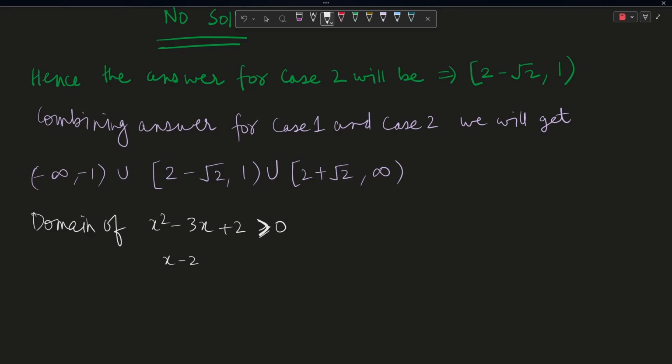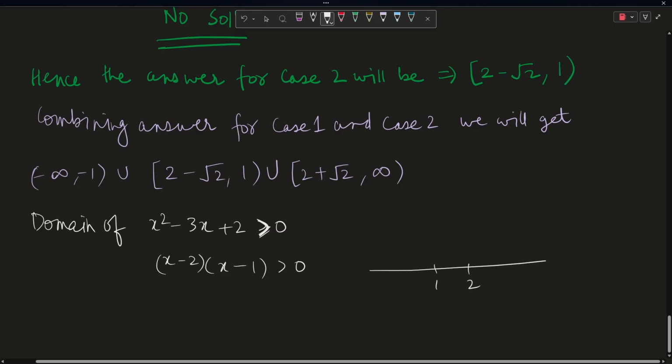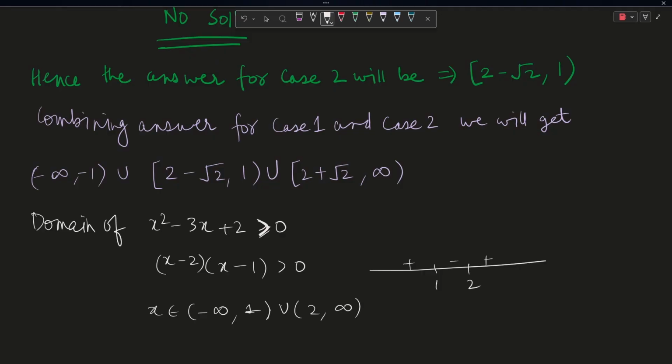This can be simplified as (x minus 2)(x minus 1) greater than 0, and on solving, with signs plus, minus, plus, x belongs to minus infinity to 1 union 2 to infinity.